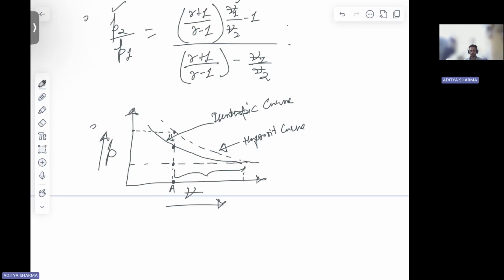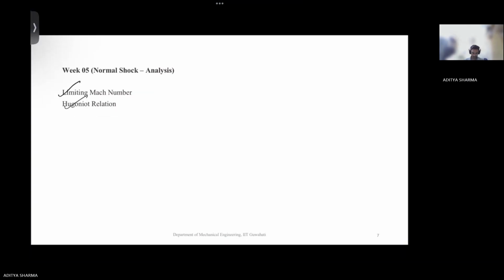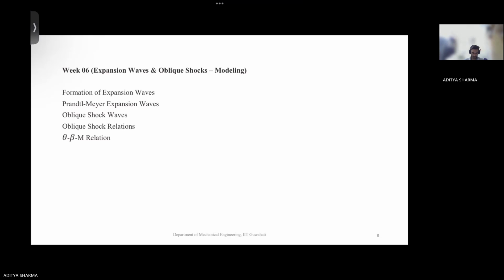So this basically is the difference between these two types of compressions. Then next is your formation of expansion waves, Prandtl-Meyer expansion waves, and oblique shock waves.